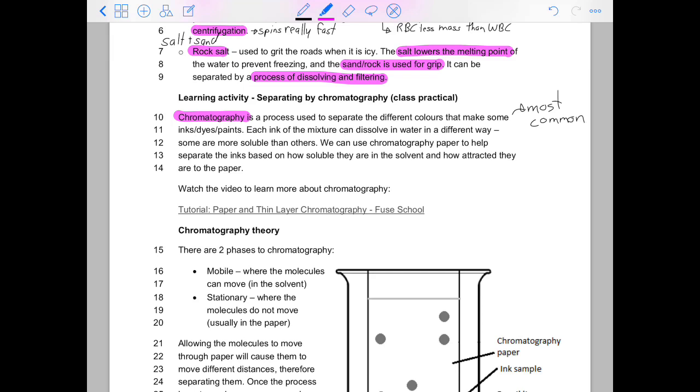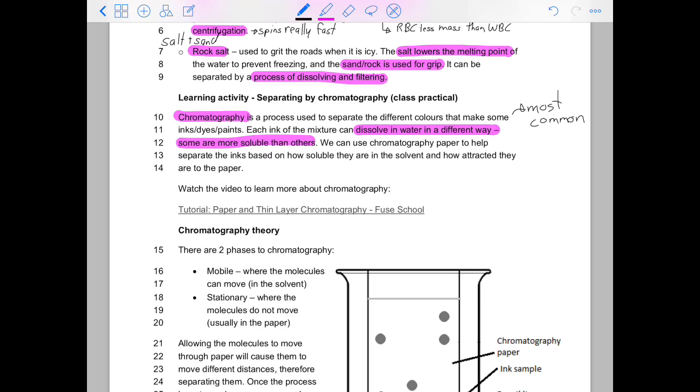So each ink in the mixture will dissolve in water, or it could also be any other solvent. Remember, a solvent is a liquid that dissolves another one. So it will dissolve in water in a different way. Some are more soluble than others.